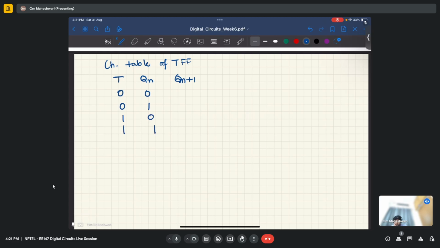So whenever T is 0, output remains same. It is T, whenever T is 1, output flips.